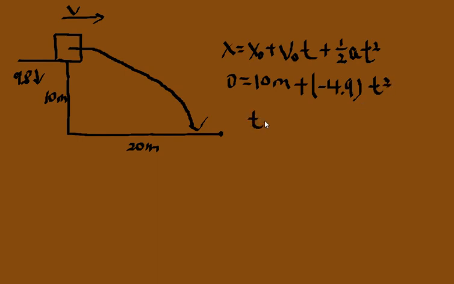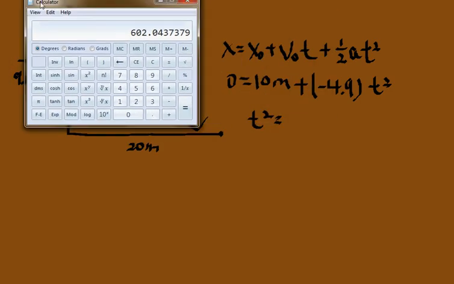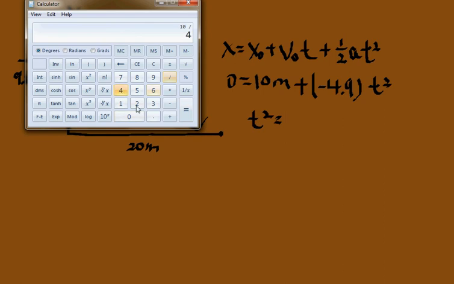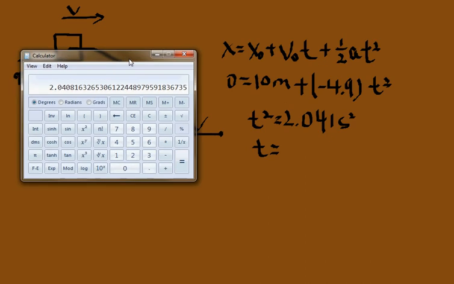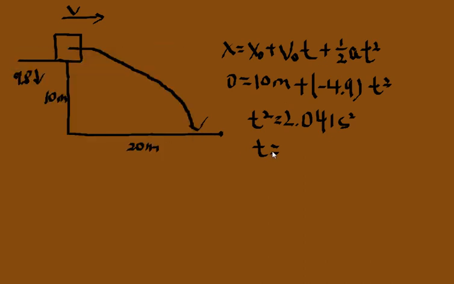So t squared equals negative 10 divided by negative 4.9, which equals 2.0408, about 2.041 seconds squared. So t equals the square root of this, which is 1.429 seconds. It takes that much time for the box to fall to the ground.